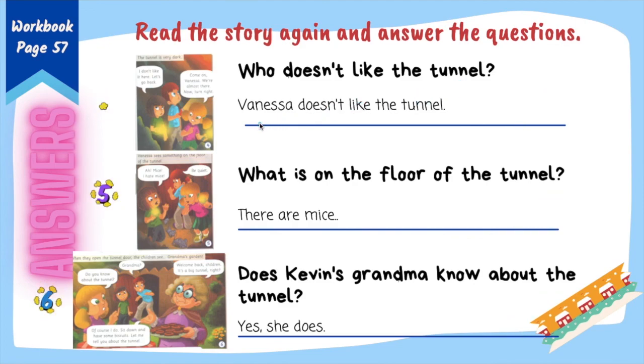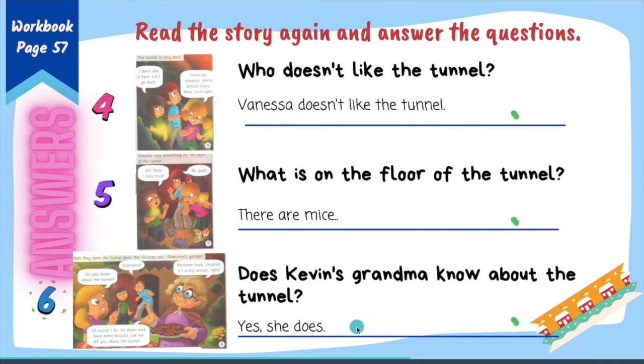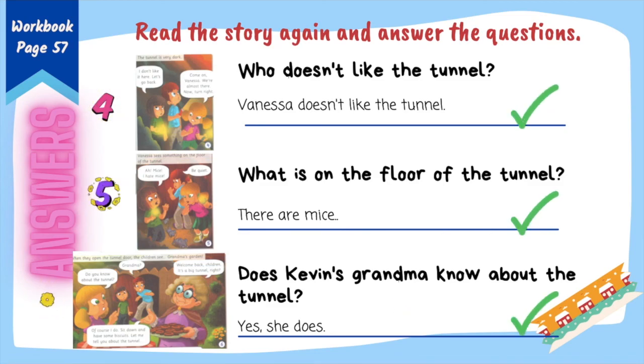The answer is, Vanessa doesn't like the tunnel. Question number 5. What is on the floor of the tunnel? The answer is, there are mice. For question number 6, does Kevin's grandma know about the tunnel? Yes, she does. Okay, you can pause this minute to allow you to compare these answers with yours.